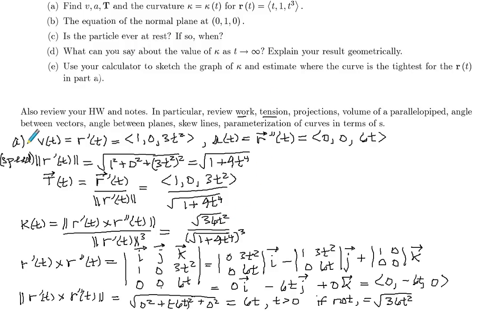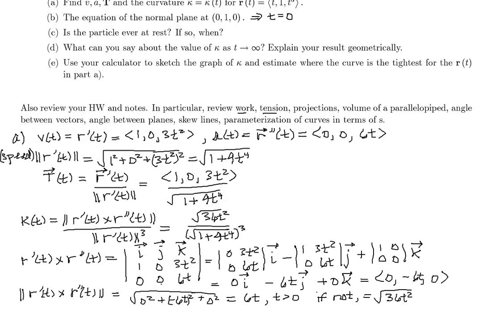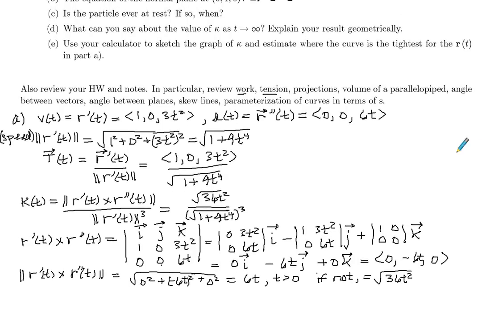Let's see, part B. We want to find a normal plane at the point 0, 1, 0. Notice that at 0, 1, 0, if you equate the x coordinates, that implies that t equals 0. So in part B, we want the normal plane. We need a point and a normal vector.